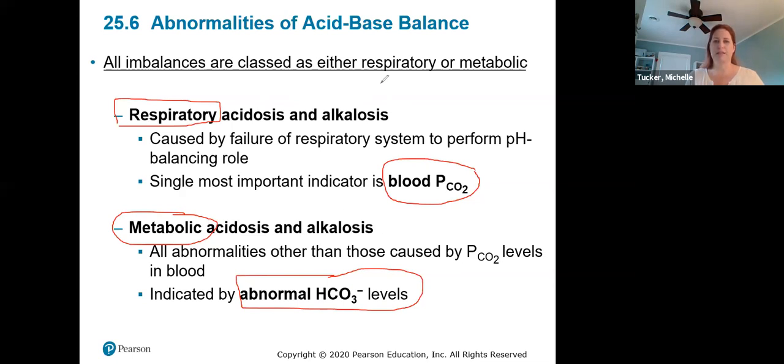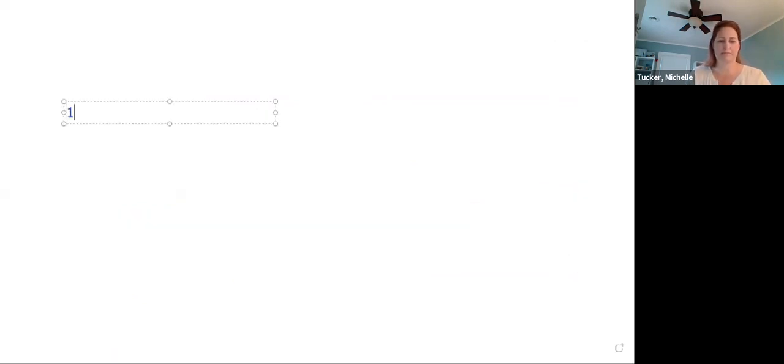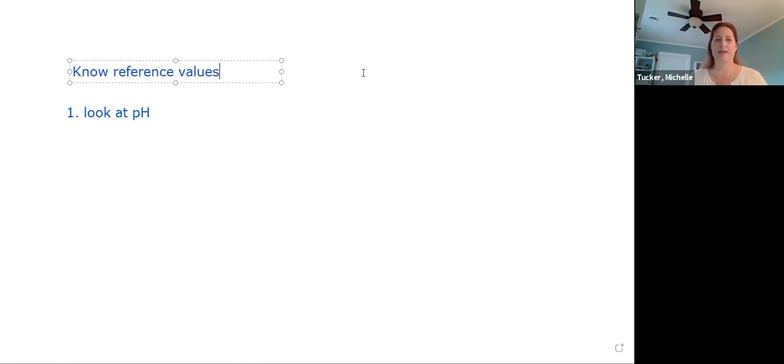The first thing to look at is pH. Actually, I guess the first thing really is to know your reference values. The reference value for physiological pH is 7.35 to 7.45.